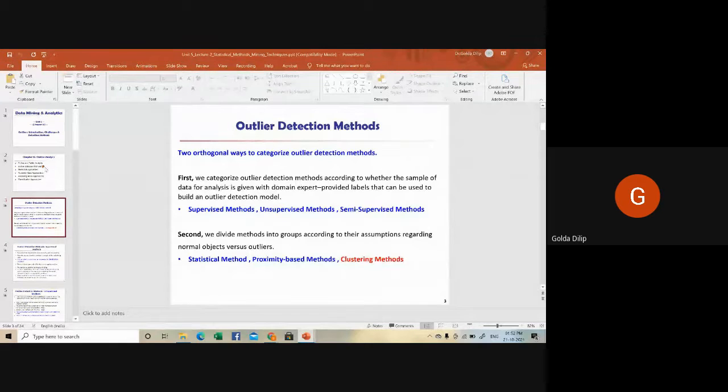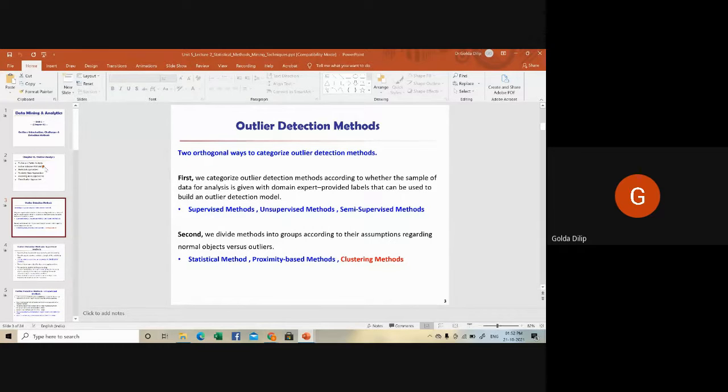First, depending upon whether the sample of data being considered for analysis is given with domain expert provided labels that can be used to build an outlier detection model. Based on that, we have three types. First one is a supervised model. Second one is an unsupervised model. And the third one is a semi-supervised outlier method.